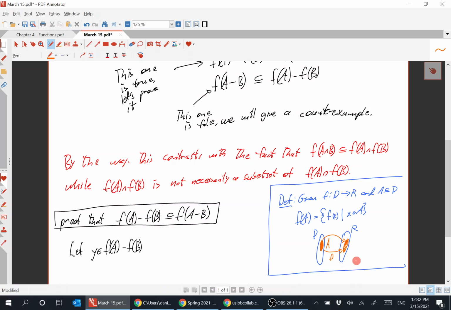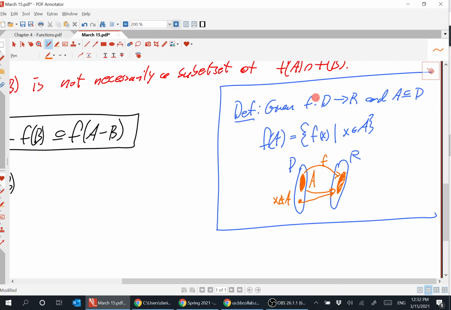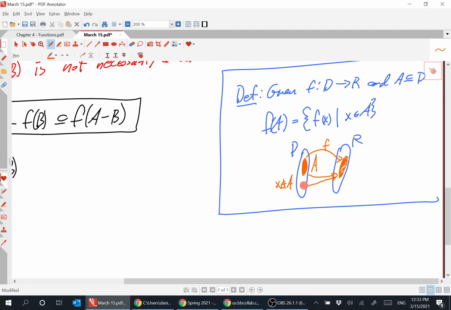Stuff outside of A may still go there. I mean, there may be an element outside of A, x not in A, which still goes in there, and that's fine.